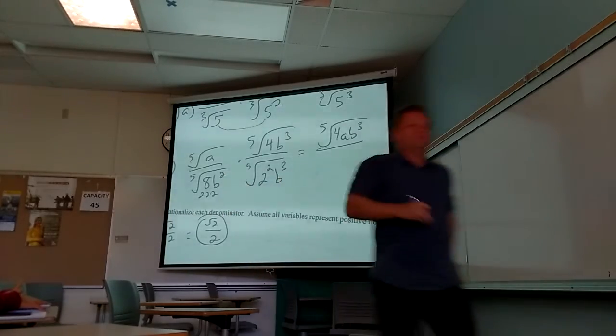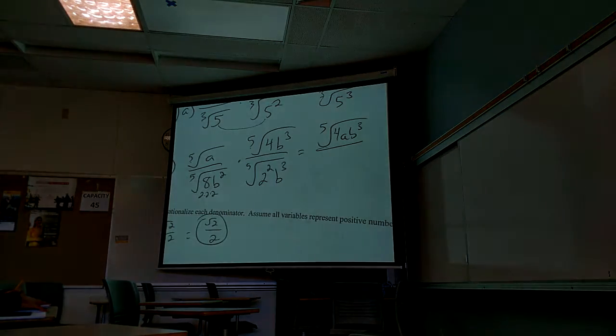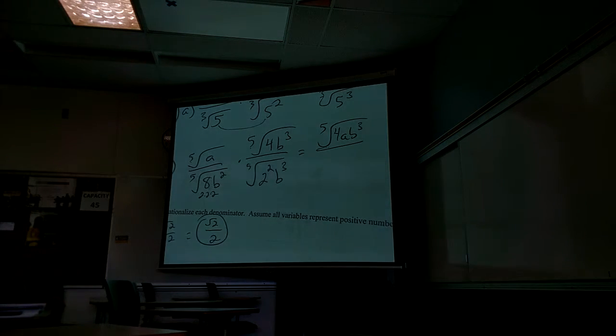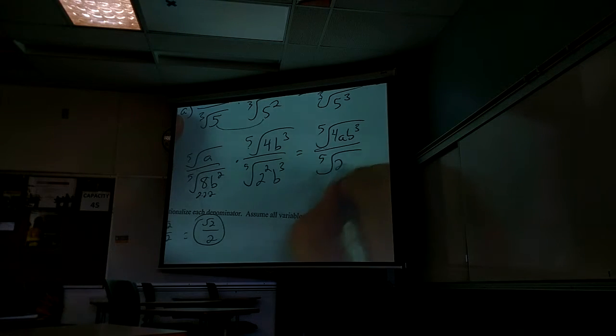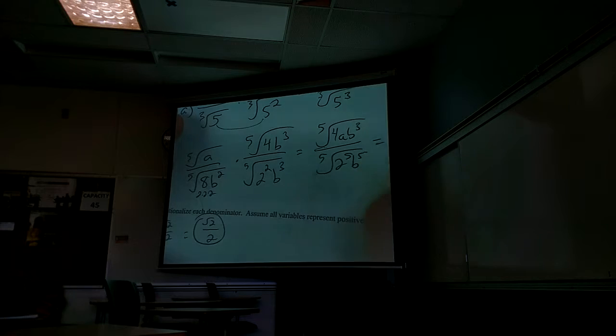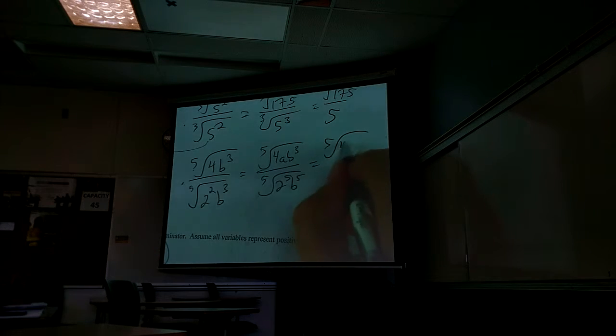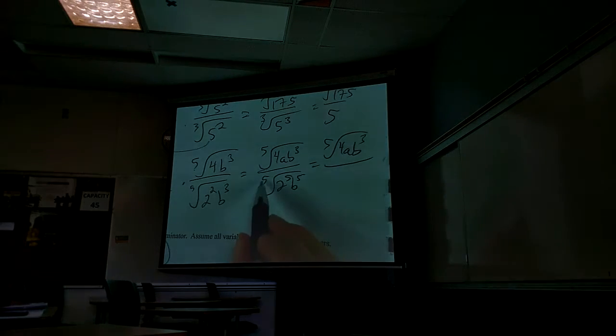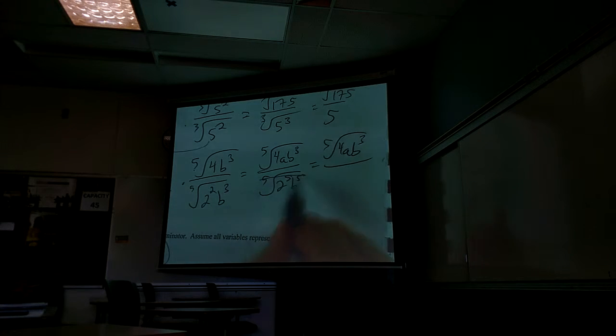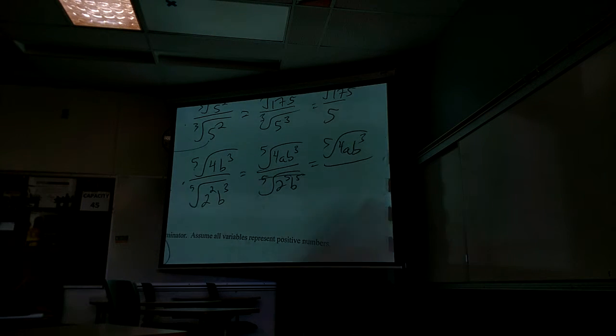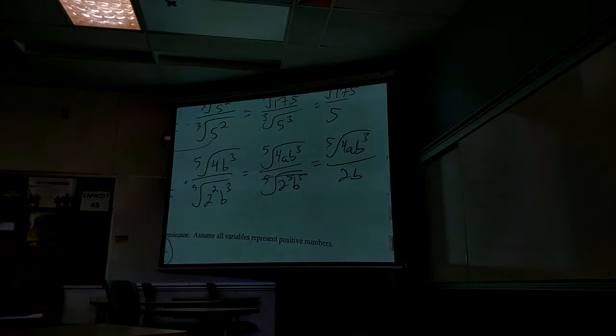Let me write that down. So this will be the 5th root of 2 to the 5th, b to the 5th. But then what happens there? The 5th root and the 5th powers cancel, don't they? And you just get 2b, like I said. You constructed the bottom to come out to be 2b.